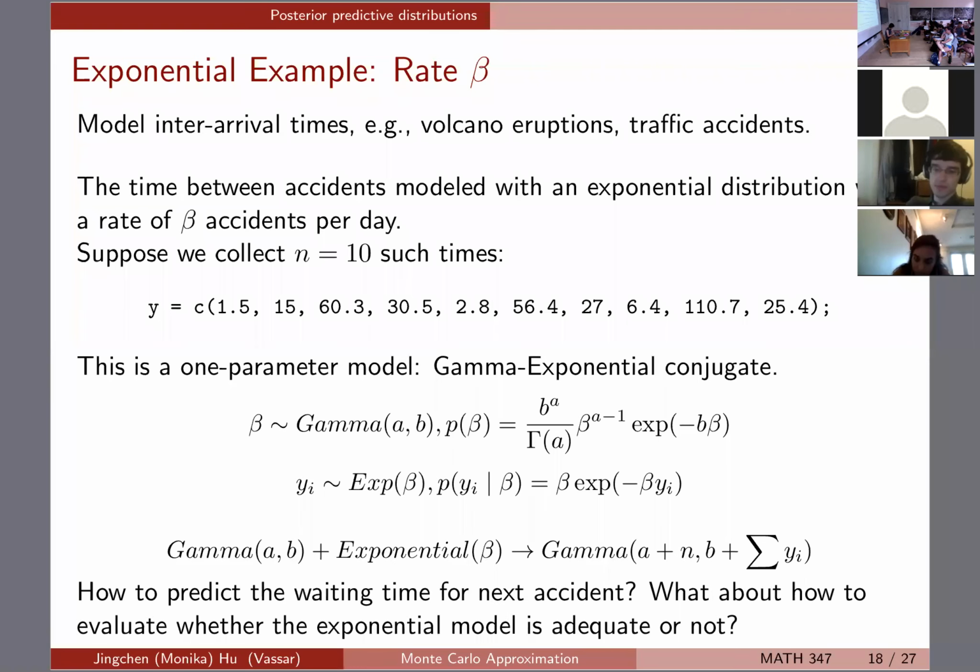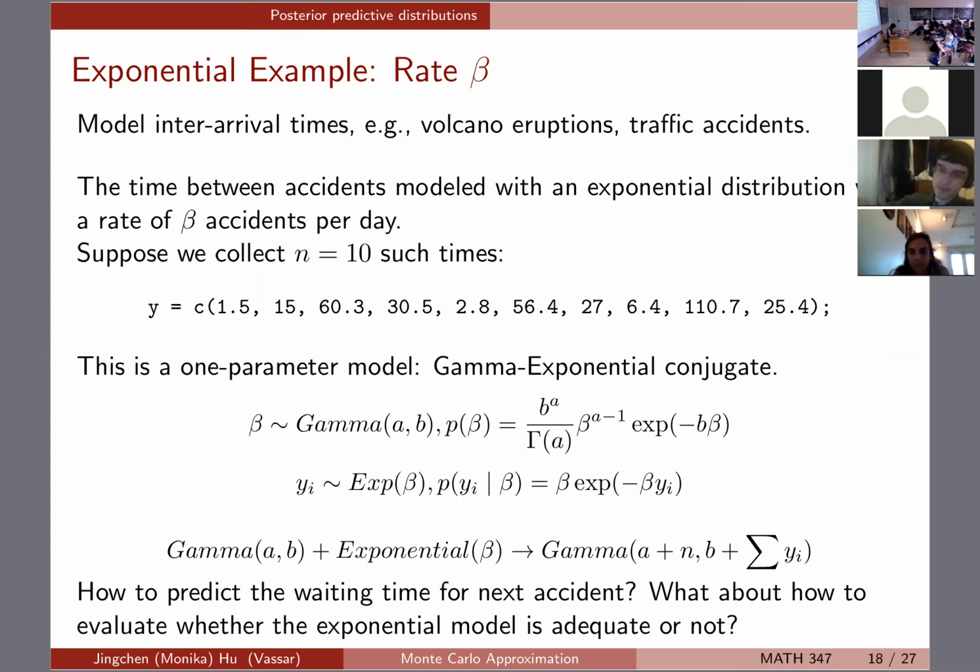The first question we're now concerned with is how to predict the waiting time for the next accident. Also, how to evaluate whether the exponential model is adequate or not. These are the two main questions from this lecture.